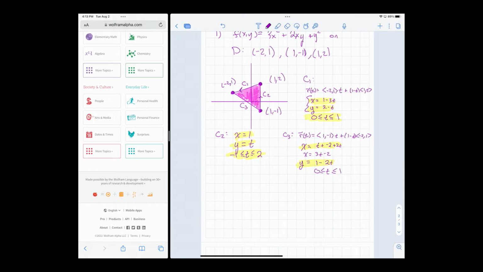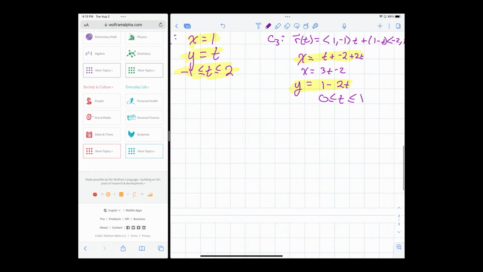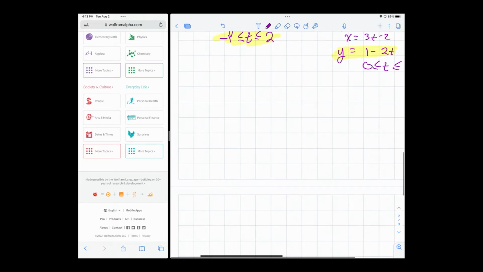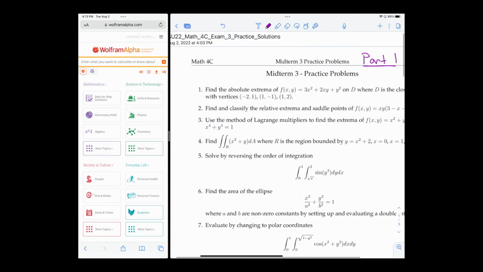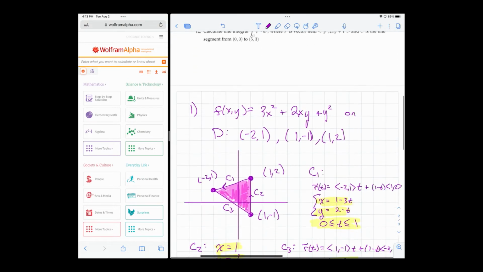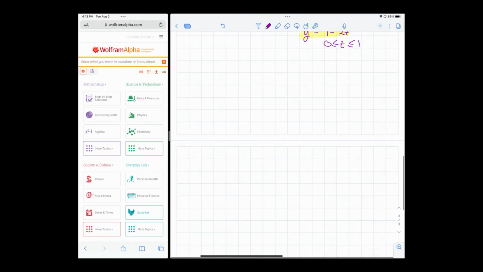Now that we have the boundary parameterized, we can actually start the calculus here. So what we're going to do to find extrema, right? We're finding absolute extrema on a closed domain. So what we have to do is this.